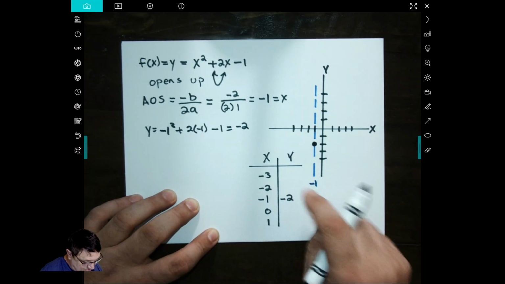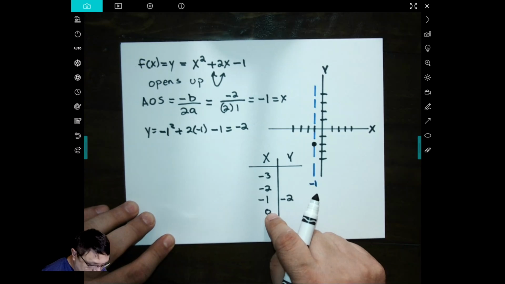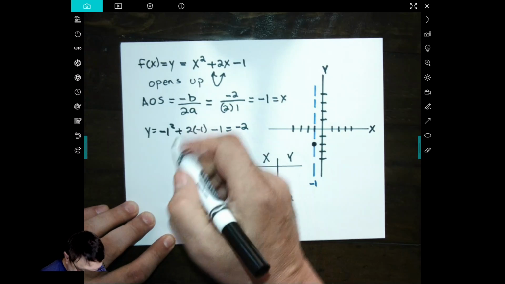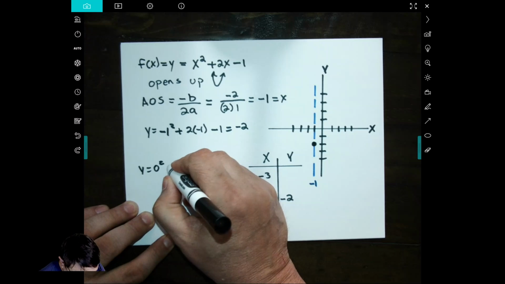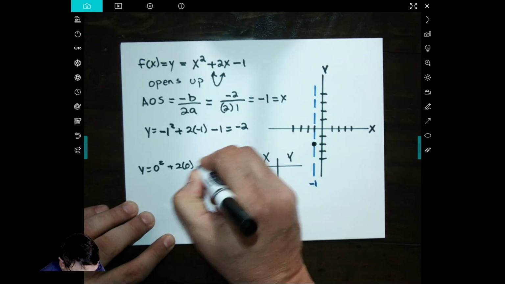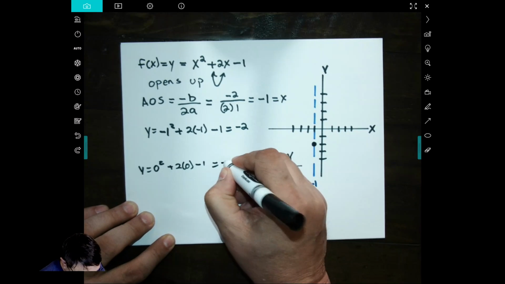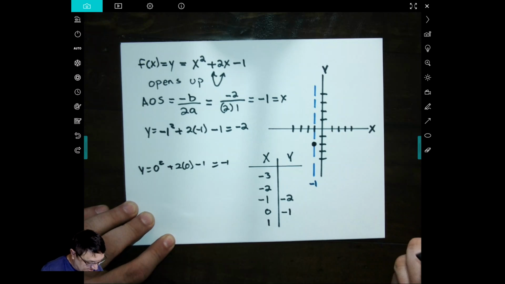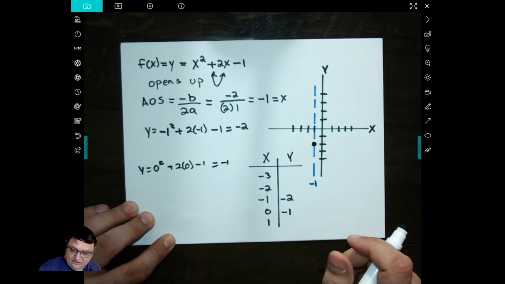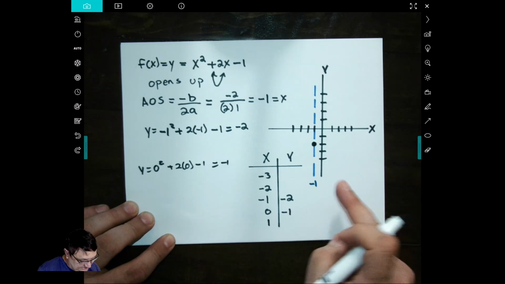Now for an example, I can take this 0 and substitute it in here. So y equals 0 squared plus 2 times 0 minus 1 equals negative 1. So I know that here I get a negative 1 in that particular location. How about 1?